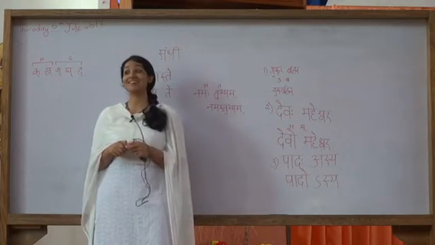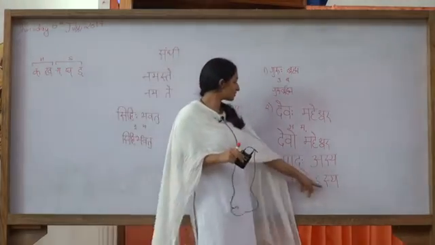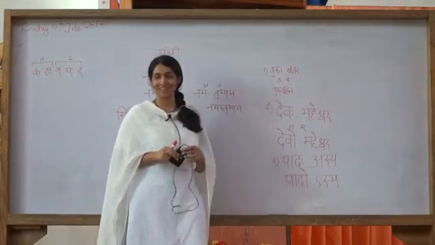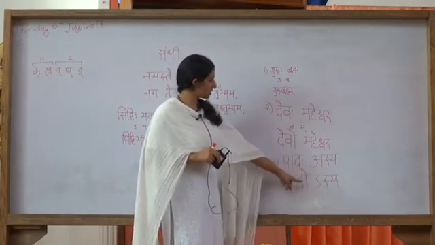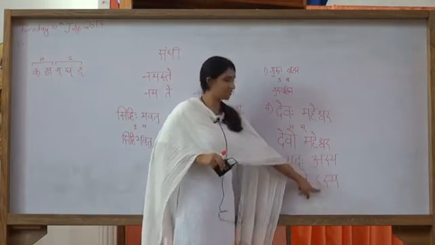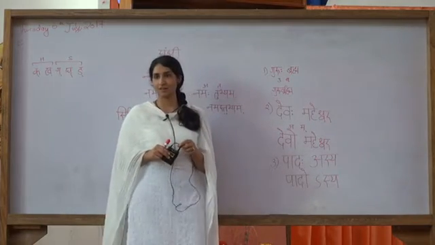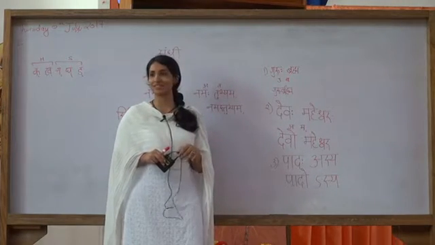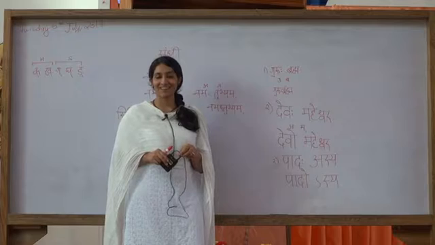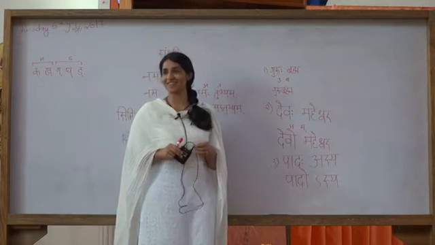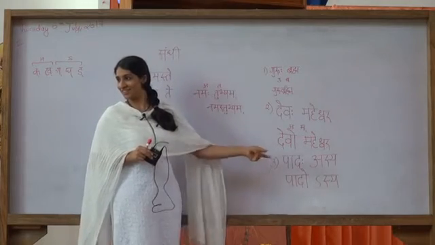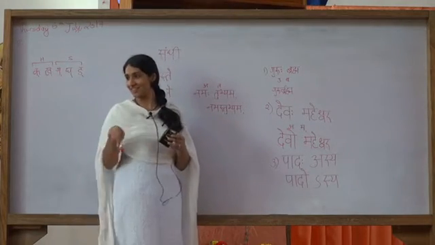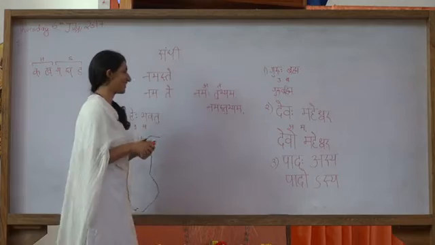You don't pronounce it, right? It's a placeholder to show that it dropped, right? So when we have a and a, then this visarga changes into a o and this changes into a. I'm also forgetting the name. Yeah, I think avagraha only. Ambika, do you remember what it's called? Avagraha, right? Okay.